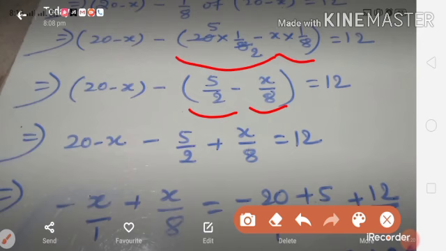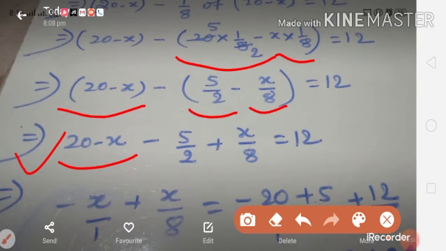No problem. Now in this step we have to remove the bracket, and it is compulsory that you pay attention. If there is a plus sign outside the bracket, there is no change of sign of the inner terms, so we write here 20 minus x without changing the sign.